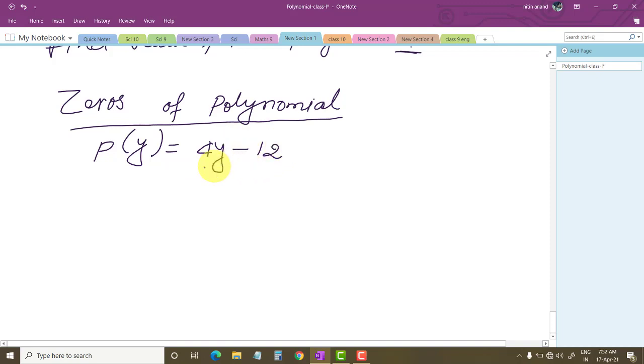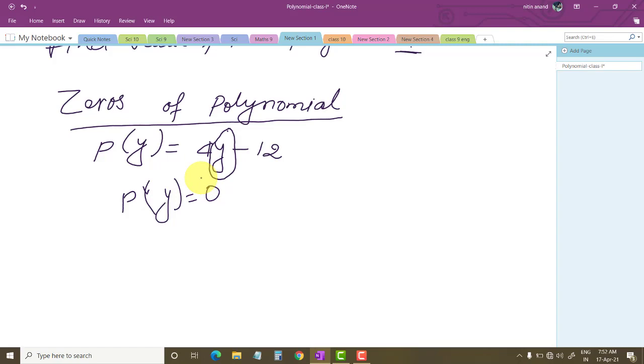Then zeros of a polynomial says, for what value of y will the value of p(y) be 0? For what value of y does this polynomial become 0? That means we have to find zeros of this polynomial, so p(y) becomes 0.